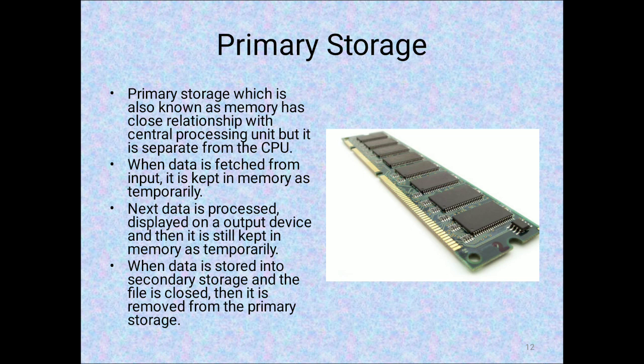When data is stored into secondary storage and the file is closed, then it is removed from primary memory. As I said, it is volatile. Until the data is saved to secondary storage, or while the program is working, data will be available here. When the data is stored or the file is closed, the data is lost, erased from the primary memory.